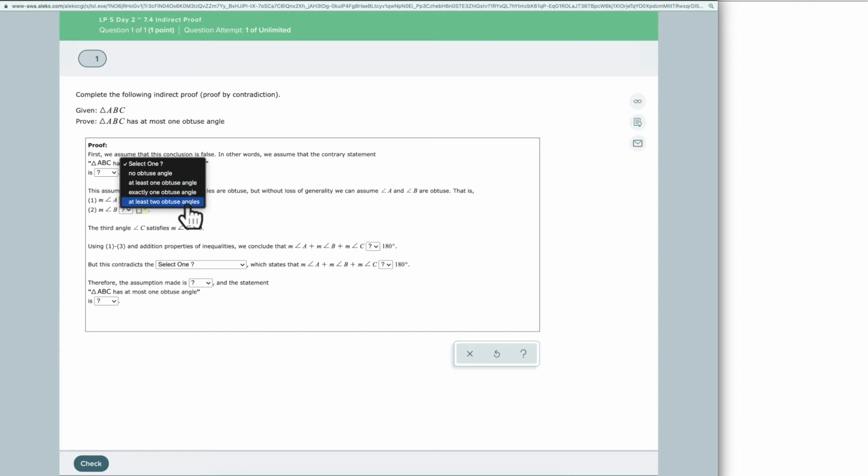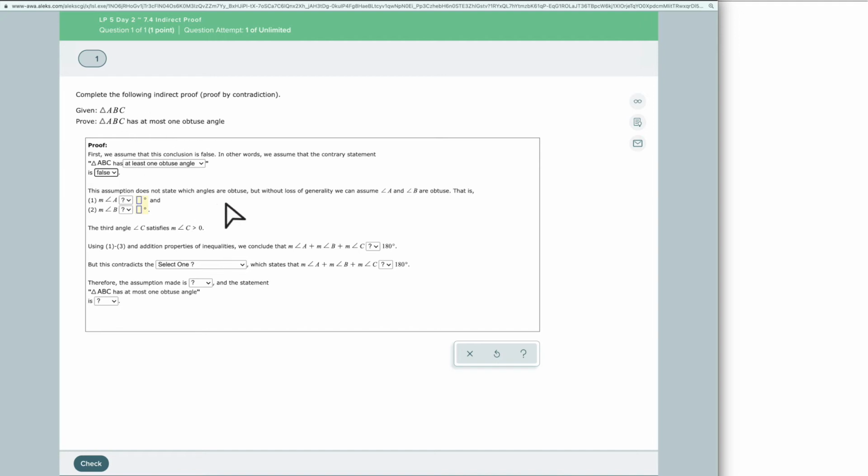So it says at most one. This says at least one, exactly one, no obtuse angles. So I think we're going to prove that it has at least two, I believe. Has at least one obtuse angle is false, I think, actually, because we're proving the opposite of this specific statement.